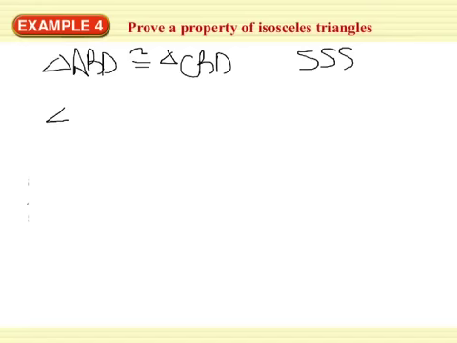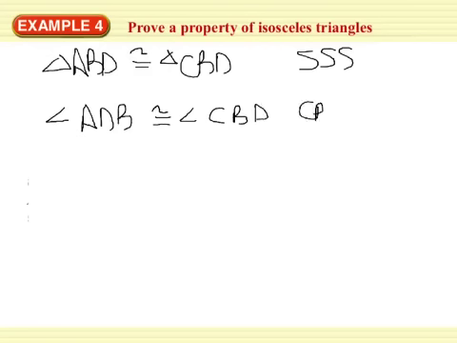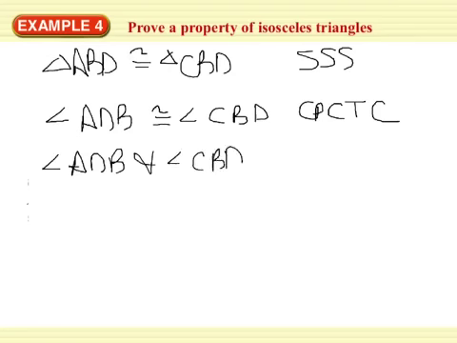So angle ADB is congruent to angle CDB because of CPCTC. And angle ADB and angle CDB are a linear pair.